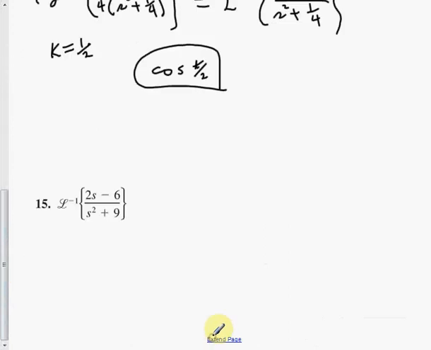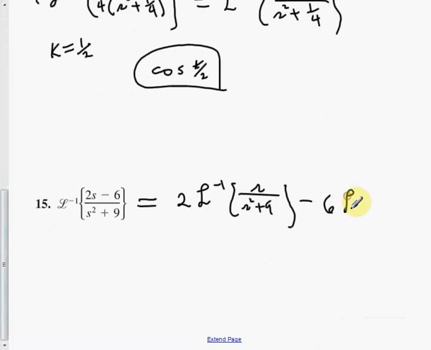And look at number 15. This guy has 2 terms in our numerator. So we got to break that down as it is. So we're going to write this as 2 times the inverse transform of s over s squared plus 9, and that's minus 6 times the inverse of 1 over s squared plus 9.